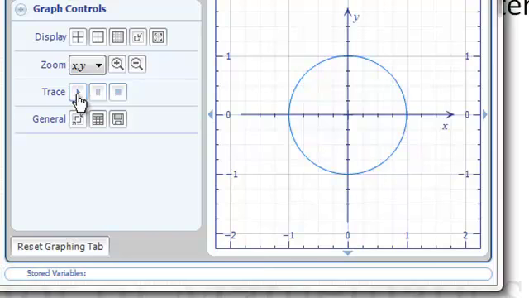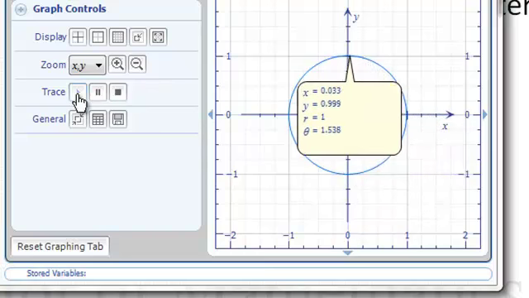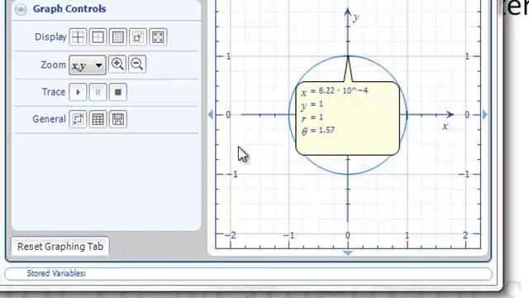So, let's start it again and stop it when it gets to about 90 degrees. Now our x value says 8.22 times 10 to the minus 4th. That's just a really small number, rounding error. It's basically x is 0 and y equals 1.